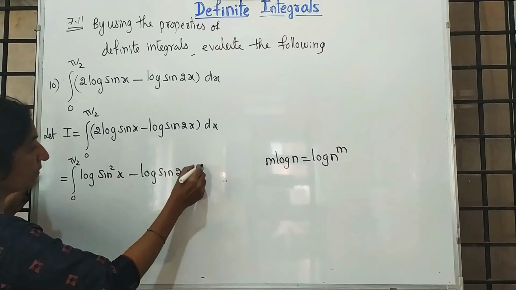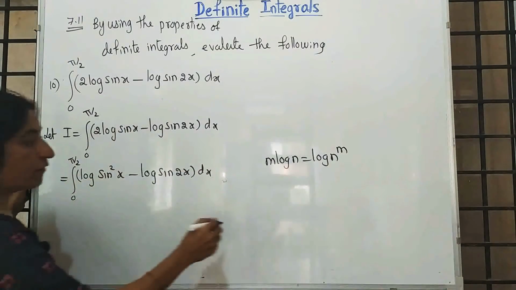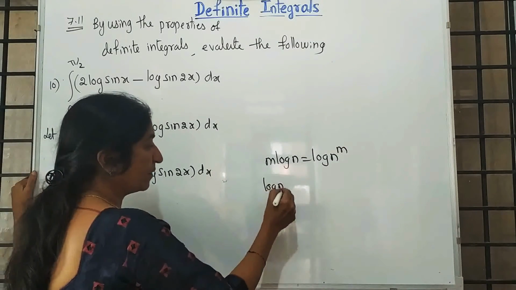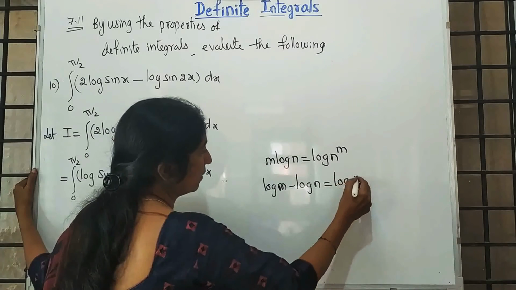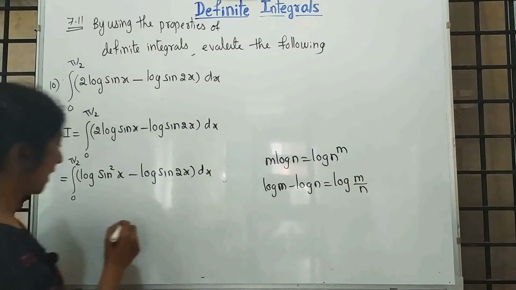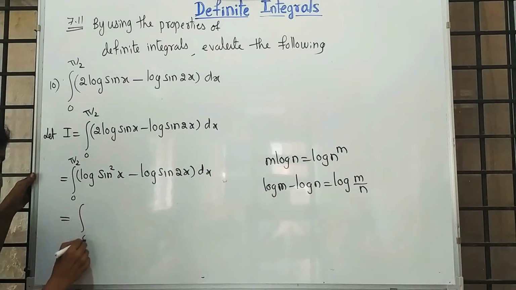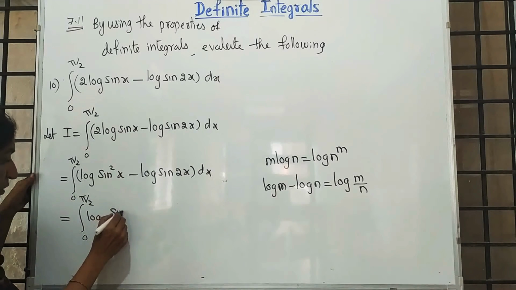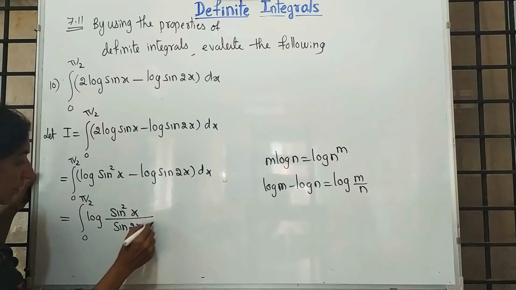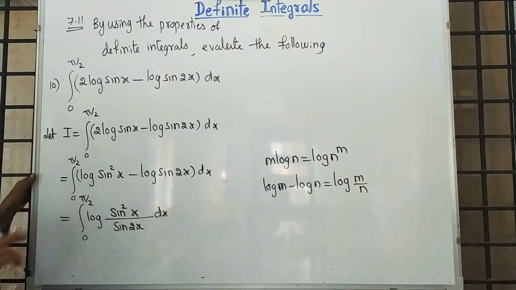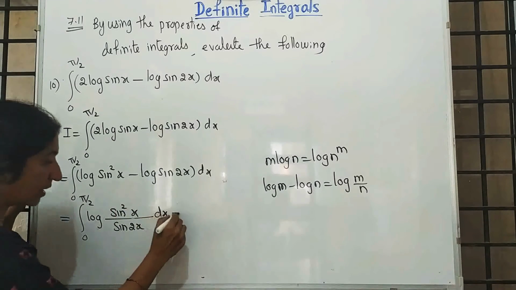Now it is in the form of log m minus log n, that is log m by n. 0 to pi by 2 log sin square x upon sin 2x.